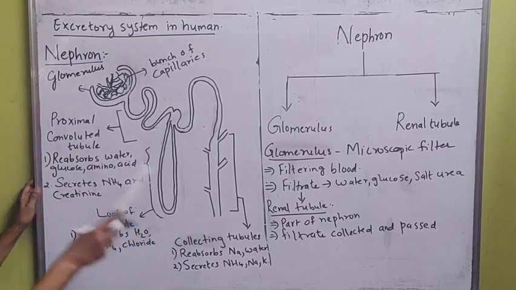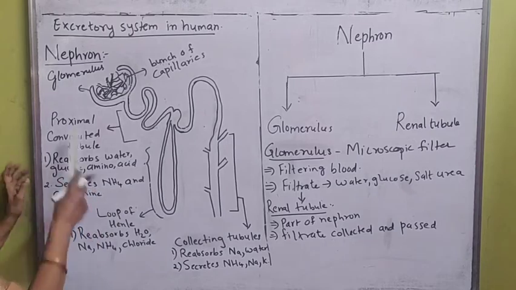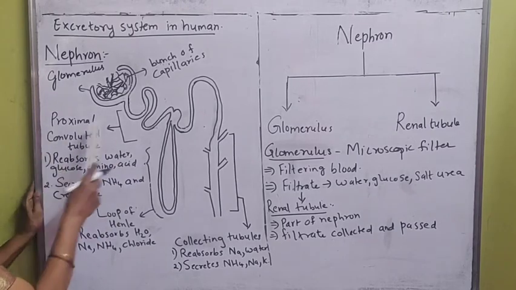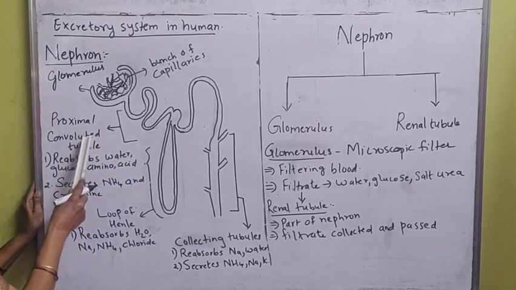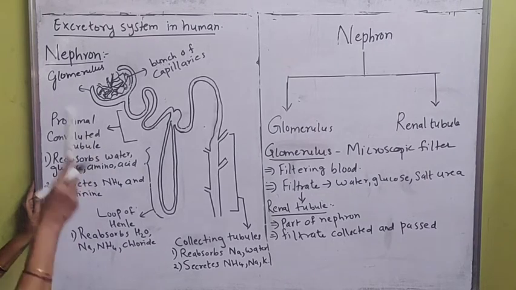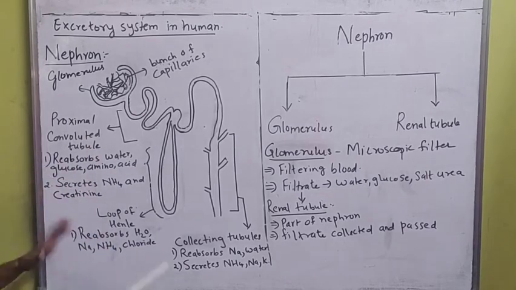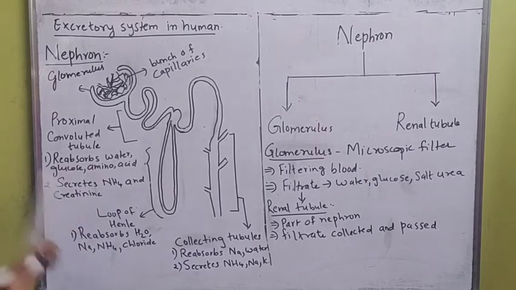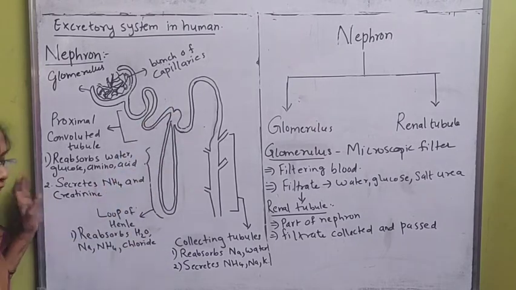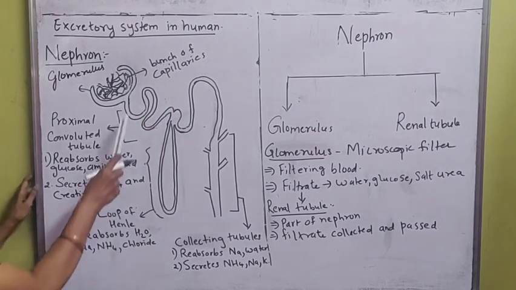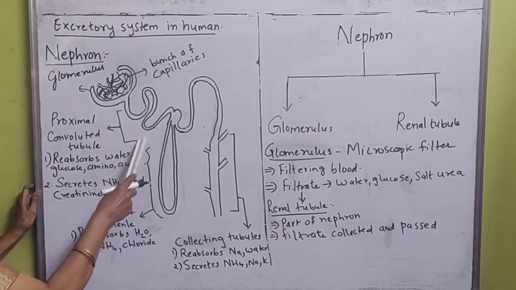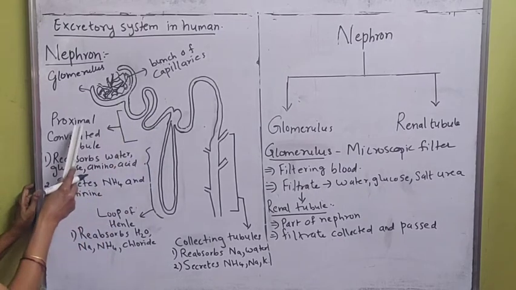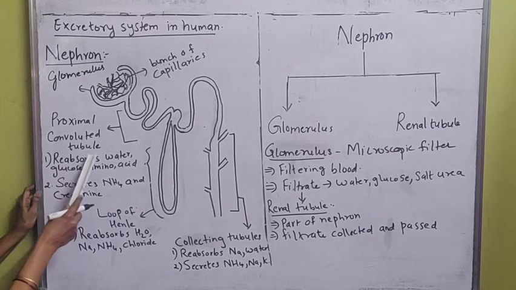This is a thin walled tubule, because in each part different substances will be filtered, and the unwanted remainder will be thrown out in the last part of the renal tubule. So this first part, this whole part, is called the proximal convoluted tubule.